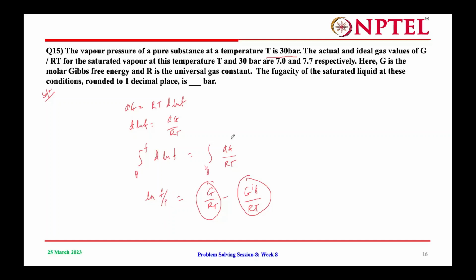And P is given initially, right? Put the values, so you get f equal to 14 point.